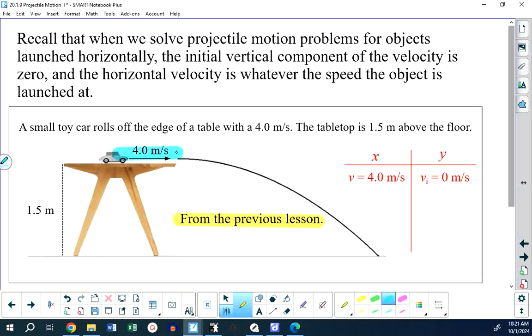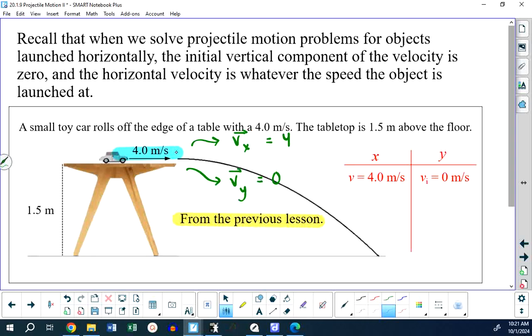It seems as though I'm saying something that doesn't need to be said, but I'm going to say it anyway. When you break this into a horizontal component and a vertical component, the vertical component is 0 and the horizontal component is 4, right?